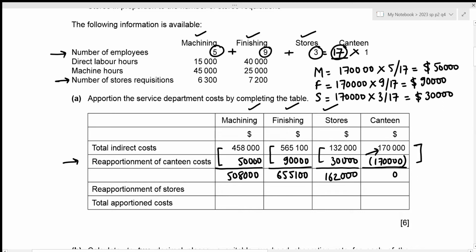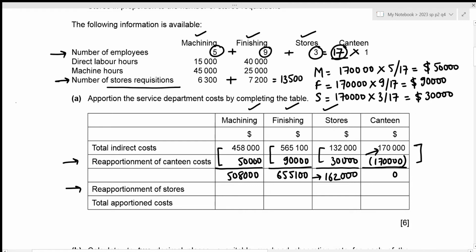Now, the next thing we need to do is to reapportion the cost of stores, which we just figured out to be 162,000, to our machining and finishing departments. It is to be done in proportion of number of store requisitions, which is given right here. So let's figure out the total number of store requisitions first. That's going to be 6,300 plus 7,200, which results in 13,500. So that's going to be our proportion.